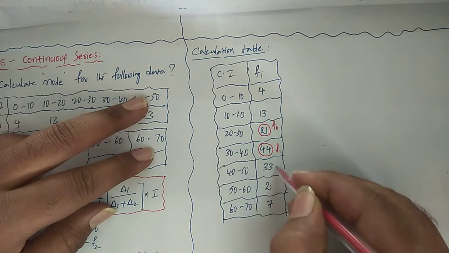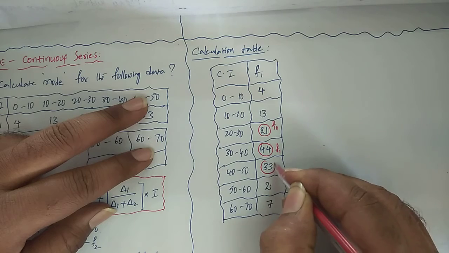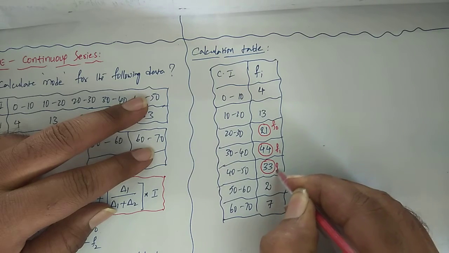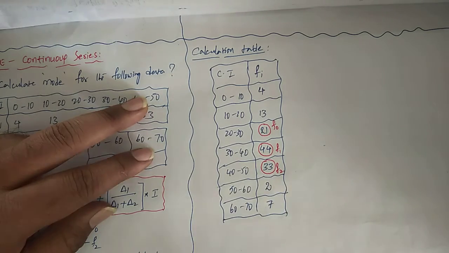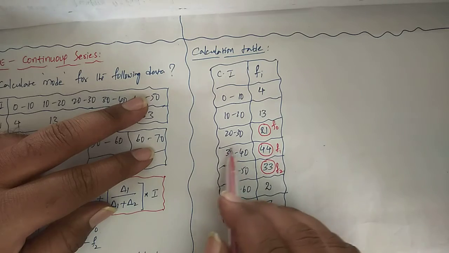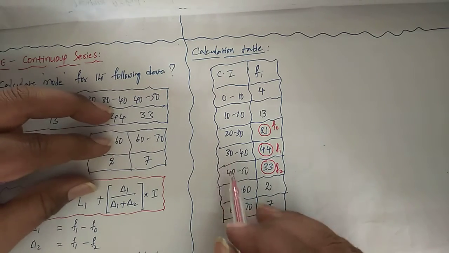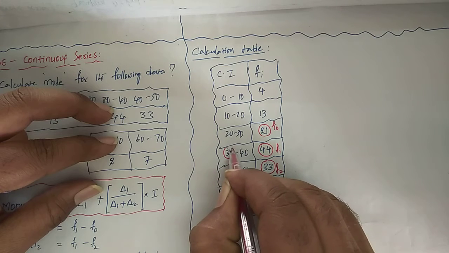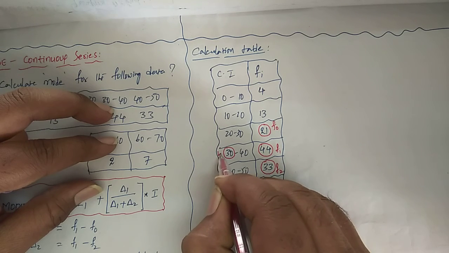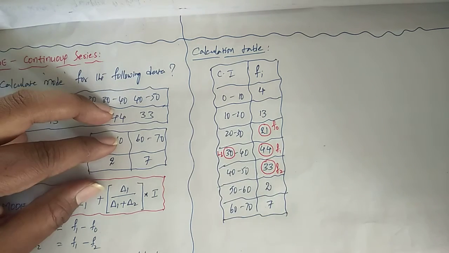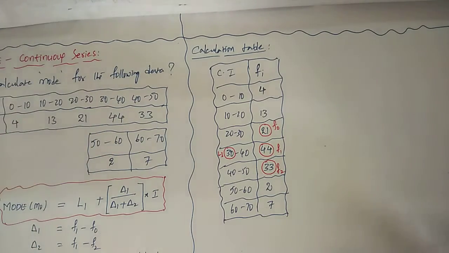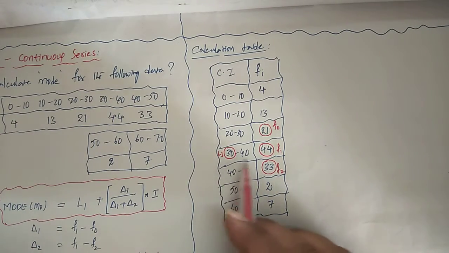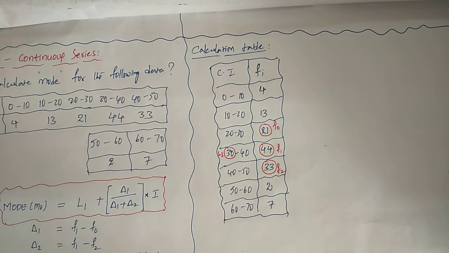F1 frequency's succeeding value becomes F2. F1 frequency, this class interval lower limit becomes capital L1. Okay. So what is the gap? 10. So I is going to be the 10. Now directly substitute in the formula.